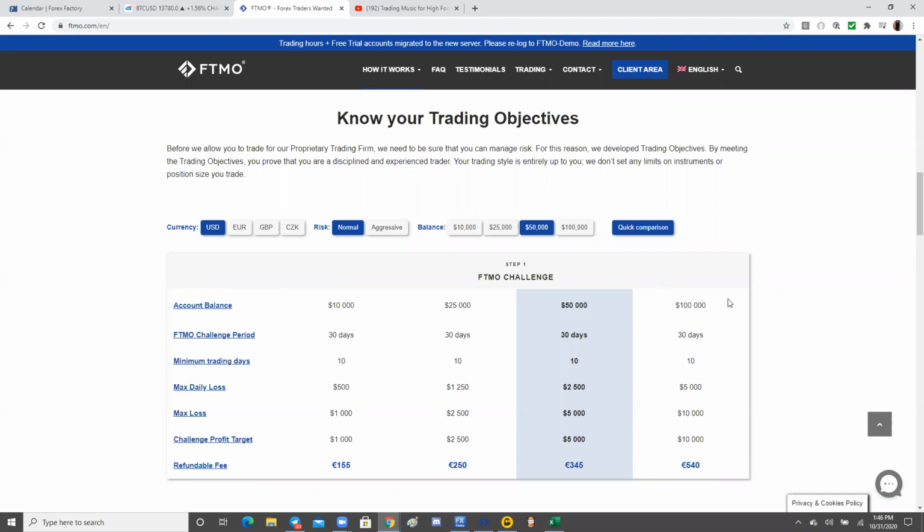So if you just have 3 of the 100K accounts, you can combine that into one trading account and have 300K. And that just gives you a better daily loss limit for yourself.